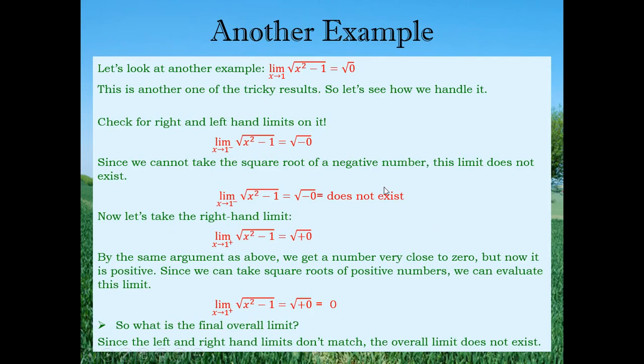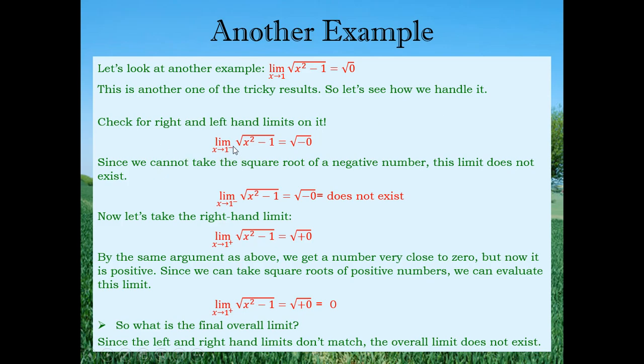Let's take a look at another example here. So I've got the limit as x approaches 1 of the square root of x squared minus 1. Well, that equals the square root of 0, which is 0, but this is a little tricky because we have to look at both the left and right-hand limits.